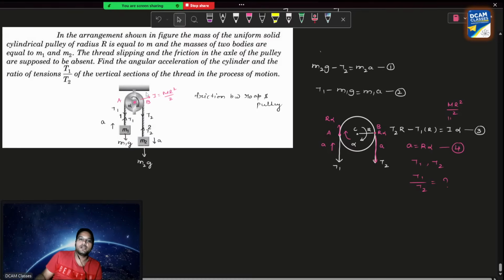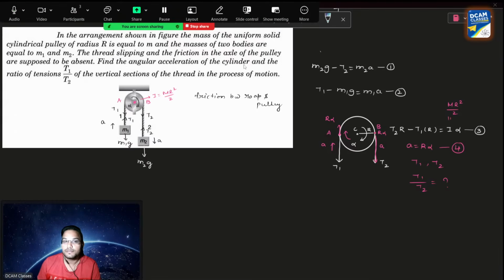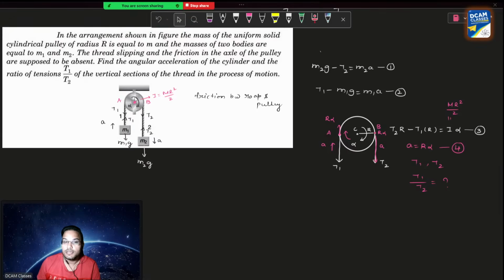Means what he said in this line, thread slipping is absent. It means the thread is not slipping at all, so there is friction between this thread and the pulley. Because of this friction, whenever this thread moves up, the pulley will be rotating. Thread moves up, pulley rotates, and thread with the M2 moves down.